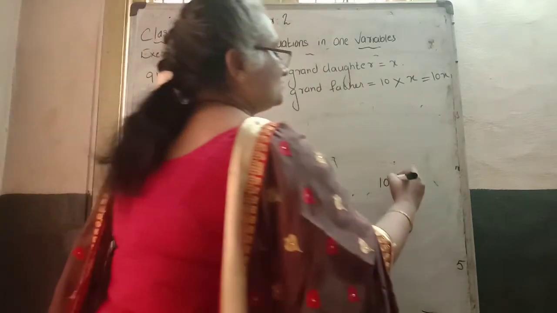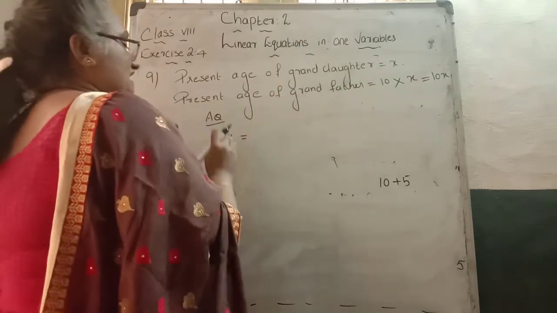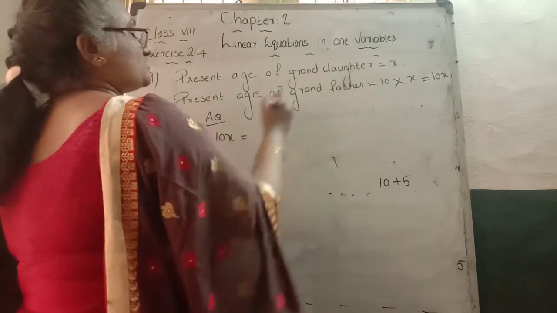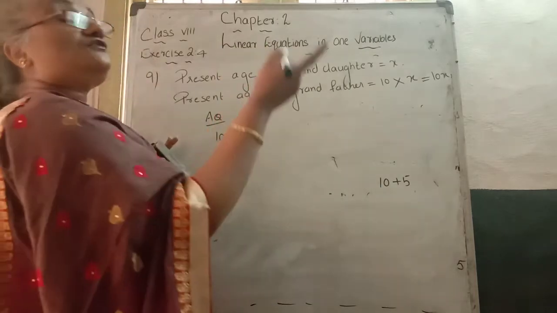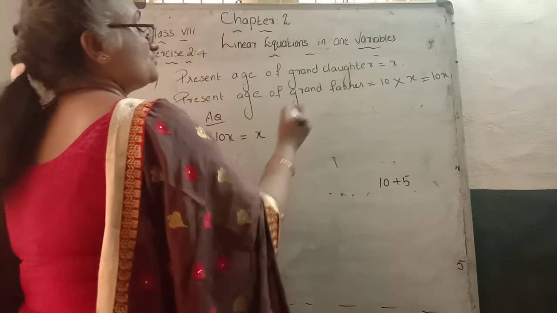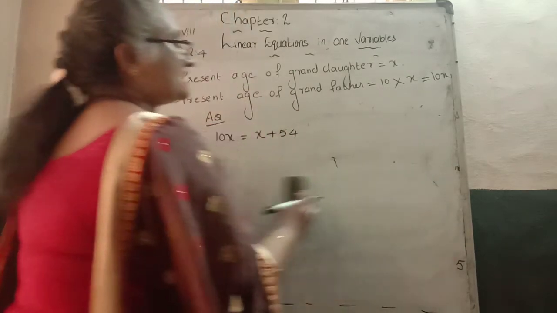More means we are doing plus 5. In the same way here, the grandfather's present age, with respect to the granddaughter, is 54 years more. The granddaughter's present age is how much? x. 54 years more means plus 54. So find out our x value.